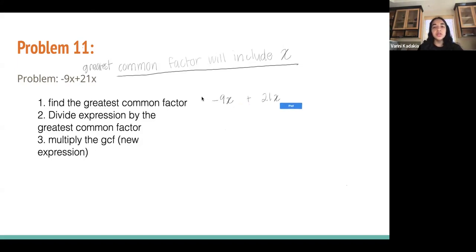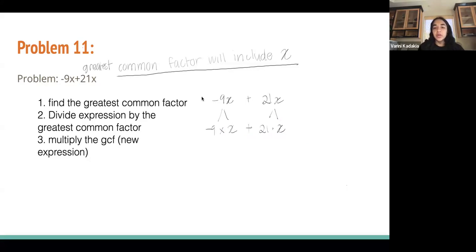So if we wanted to do this by factoring, what we would do is split this number into negative 9 times x plus 21 times x.